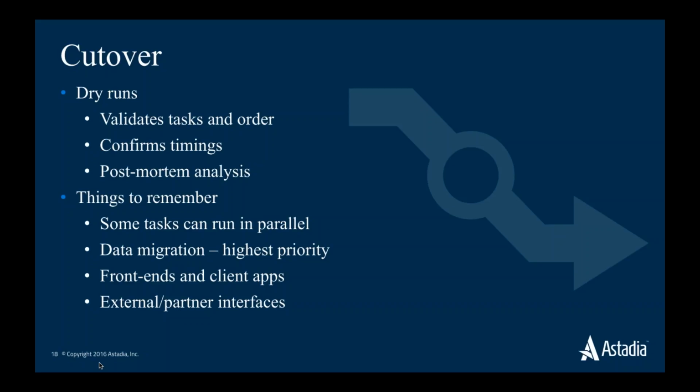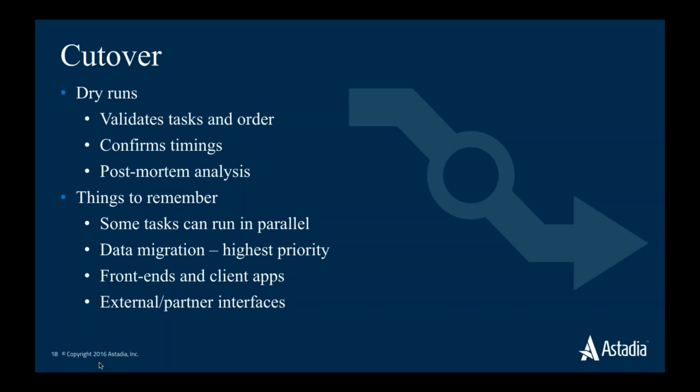So we would come in on the weekends and during low volume times and actually perform mock data migrations using real data to hone it and tune it, and then get the real time that it was going to take. And then once you've done your dry runs, do a post-mortem analysis on it. So we'd get together as a team and say, okay, what worked, what didn't work, what do we need to do better next time?